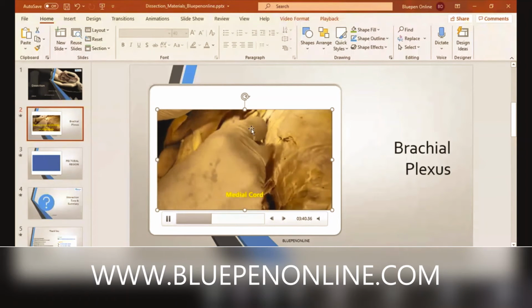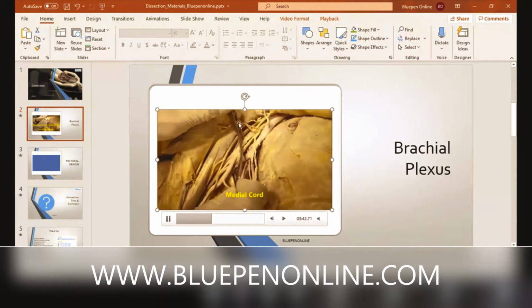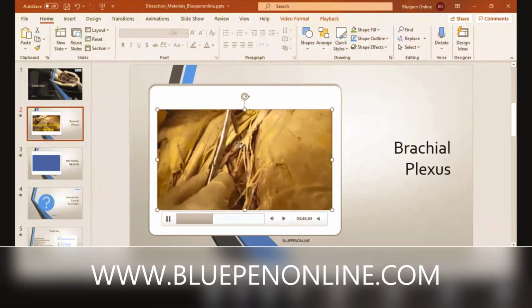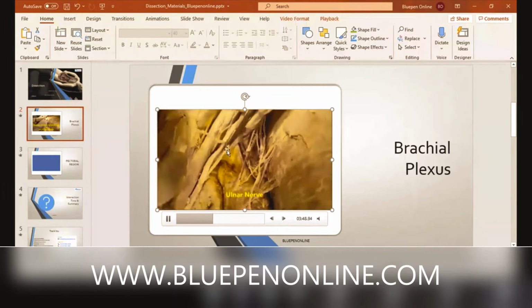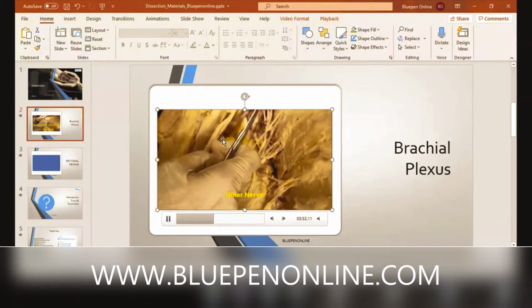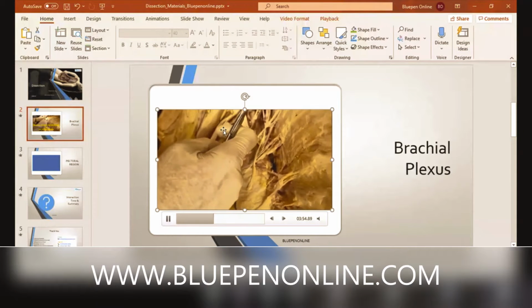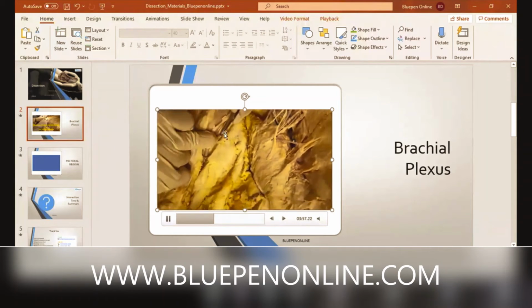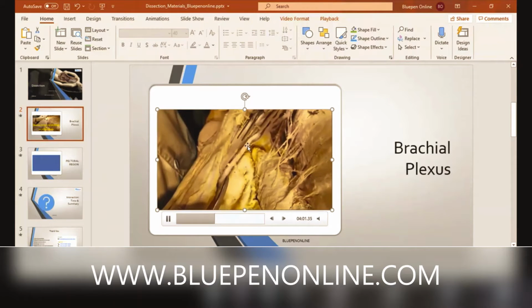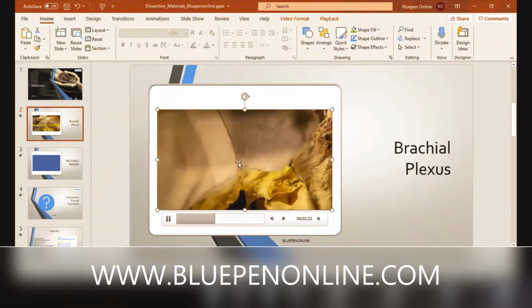Is it clear, students? This is the medial cord. Okay. See, this is the ulnar nerve. So medial cord, which is medial to the axillary artery, lateral cord, which is lateral to the axillary artery.